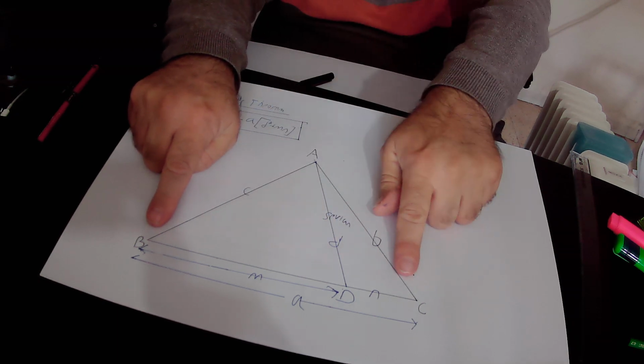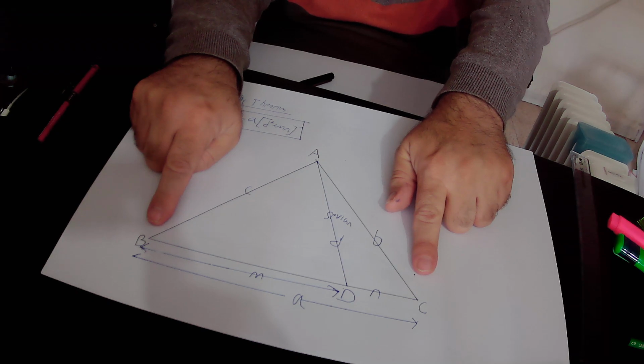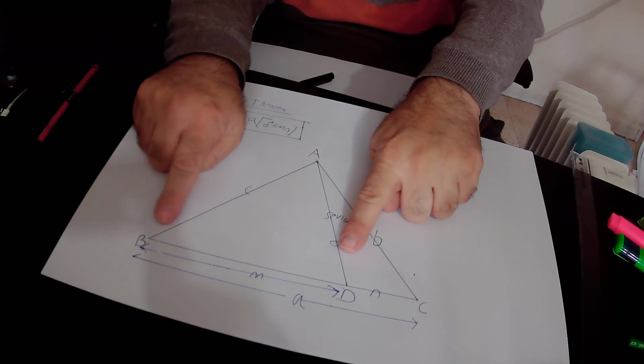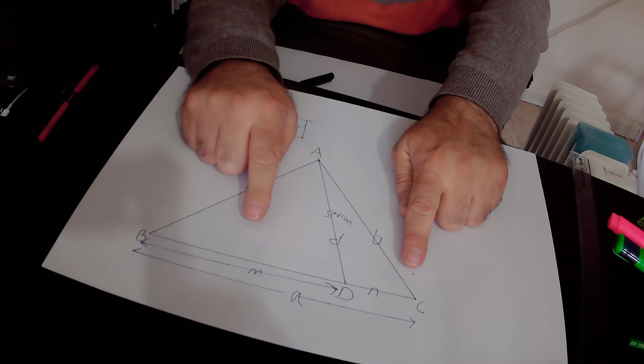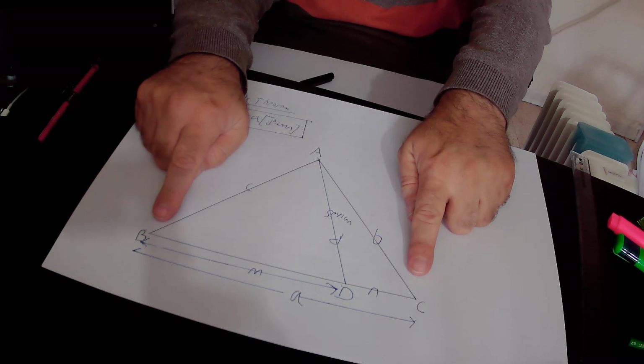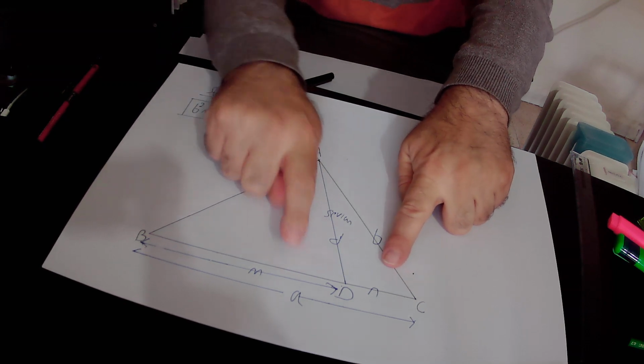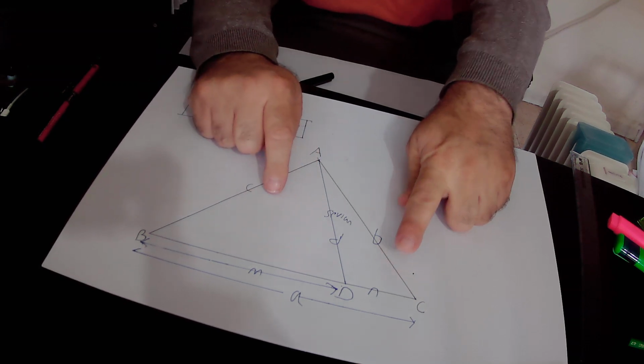Again, BC equals BD plus DC. That is to say, BC equals BD, that is m, plus DC, that is n. So BC equals m plus n from one side, but from the other side, according to our definition, BC equals a also. Therefore, m plus n equals a.